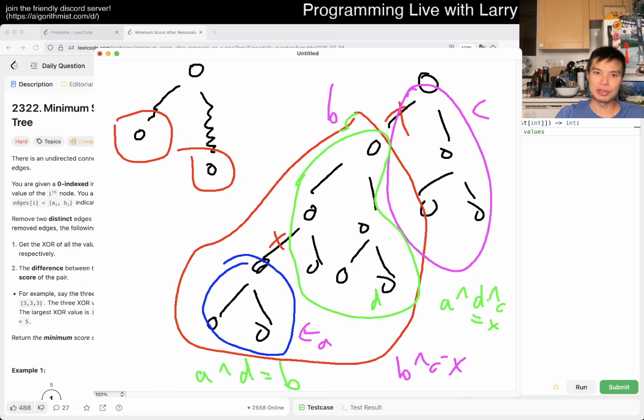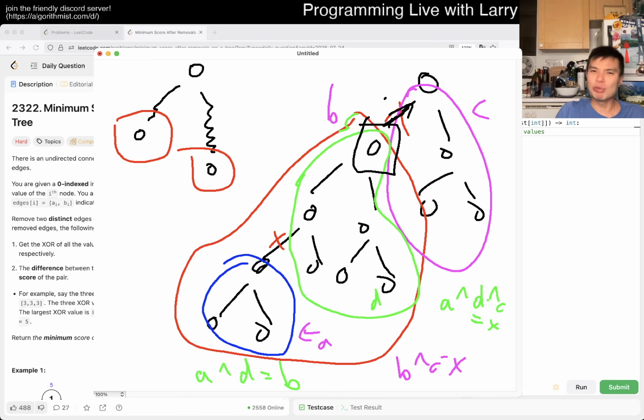Okay, so now we have these 2 cases, and what do those 2 cases mean? Stepping back a second, I say things in terms of subtree because now for every node, instead of removing edges, we can remove the parent edge, the edge that goes back to the parent in a rooted tree.